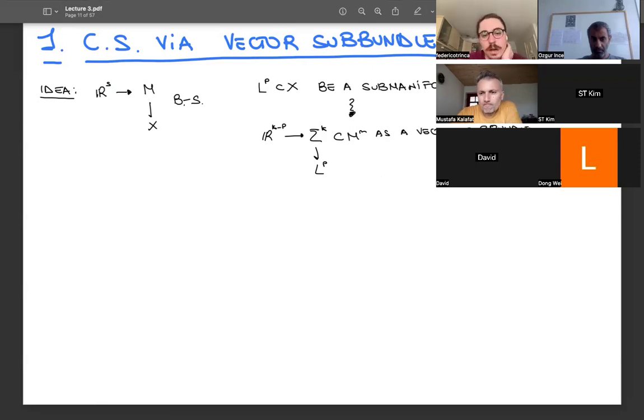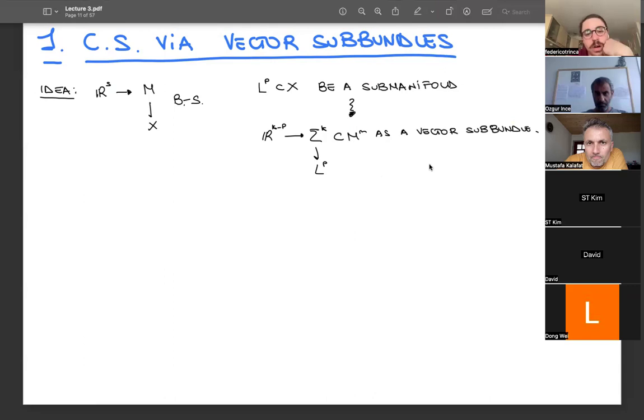Essentially, we're decomposing the submanifold as some submanifold times a subspace of the vector space. This is going to be clear in a second.